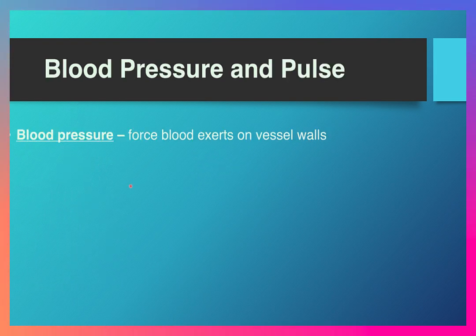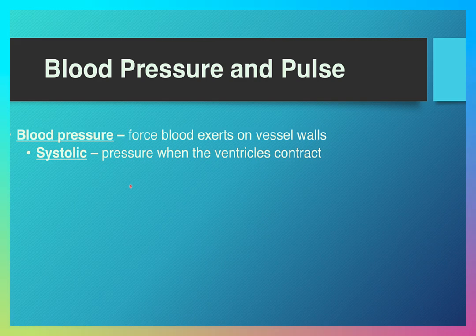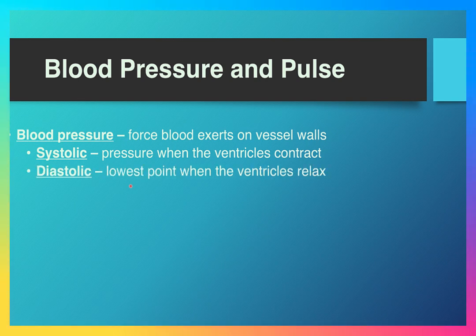Blood pressure is the force that's exerted on the artery walls, not the veins, the artery walls, by the function of the heart. The systolic pressure is when the ventricle contracts. That higher pressure is the pressure induced by the ventricular contraction. And diastole is the lower pressure that occurs during the relaxation of the ventricle.